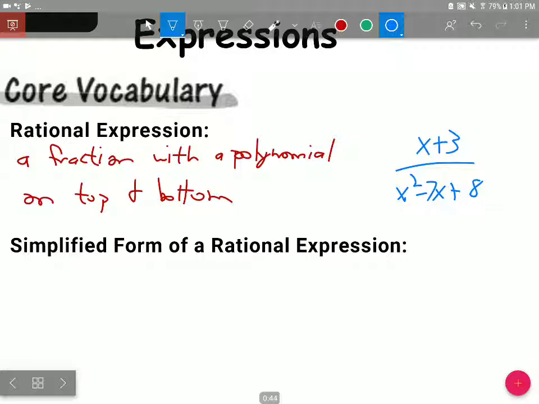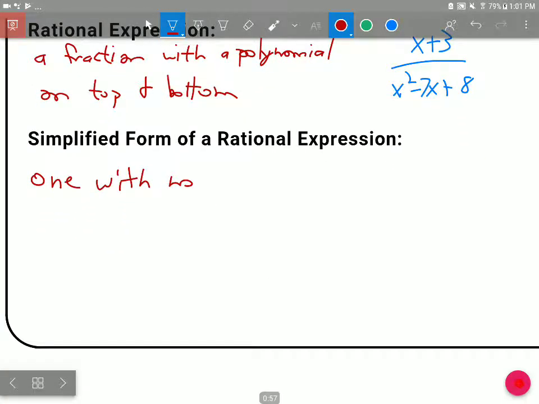A simplified form of a rational expression is one with no common factor on top or bottom.